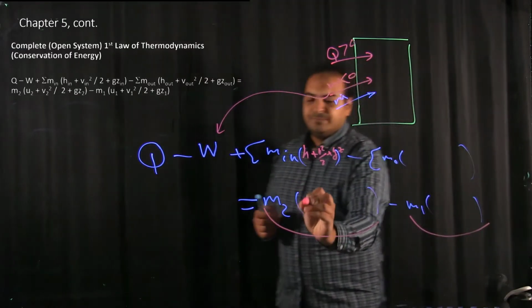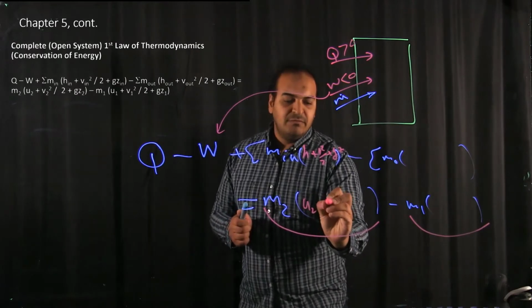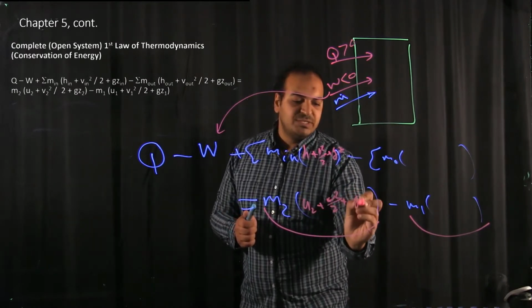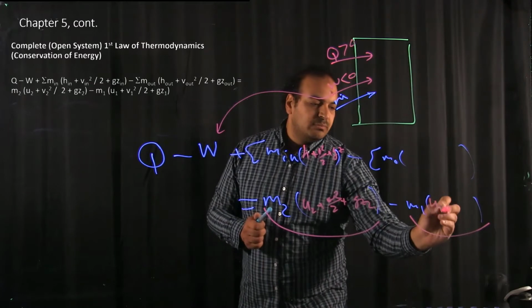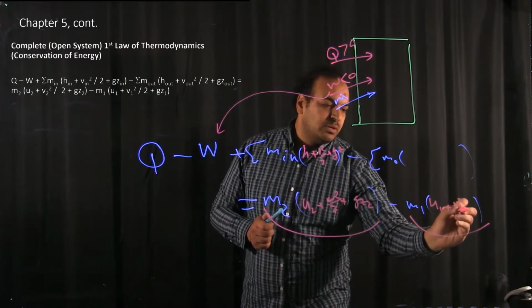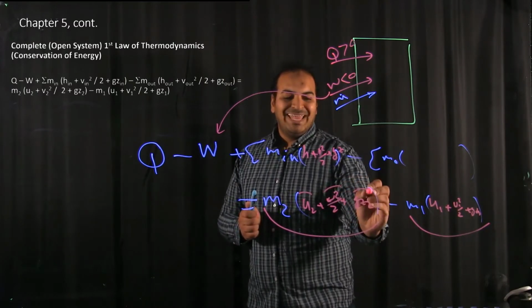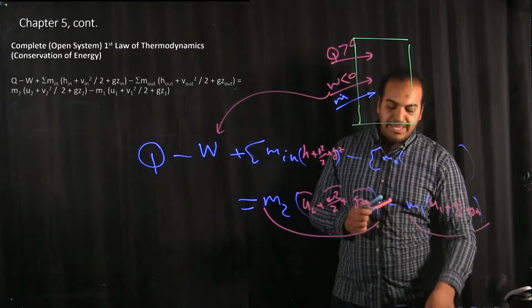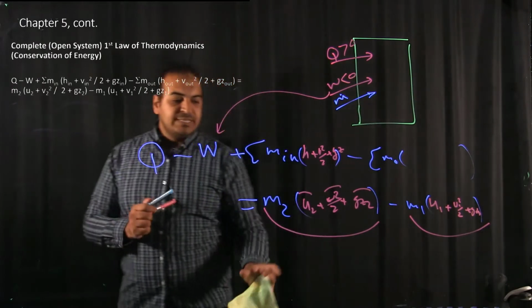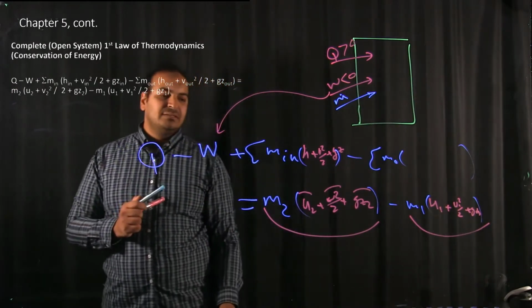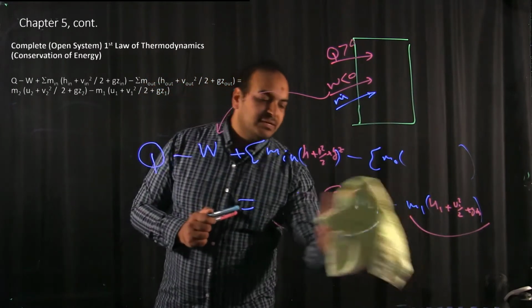You have U2 plus V2 squared over 2 plus gz2, minus U1 plus V1 squared over 2 plus gz1. So we have internal energy, kinetic energy, and potential energy. Again, remember, this only happens if you have unsteady. If it's steady state, the right-hand side is 0.